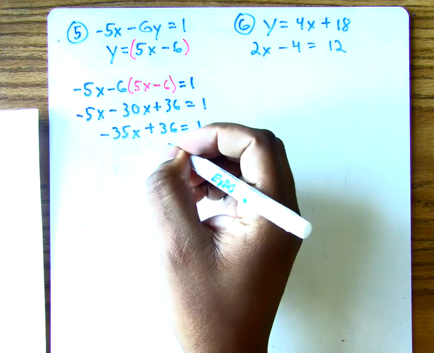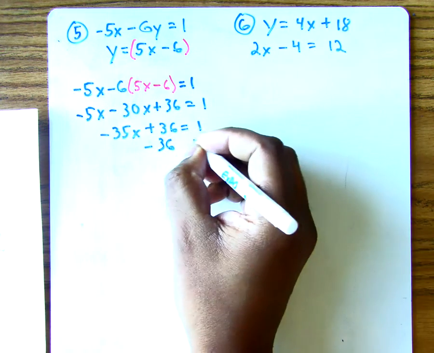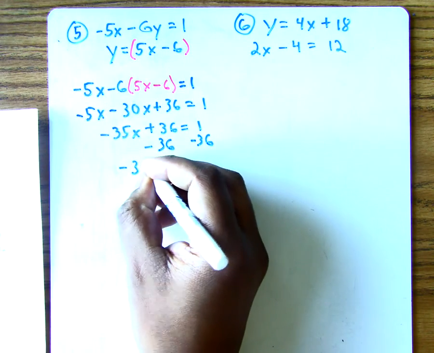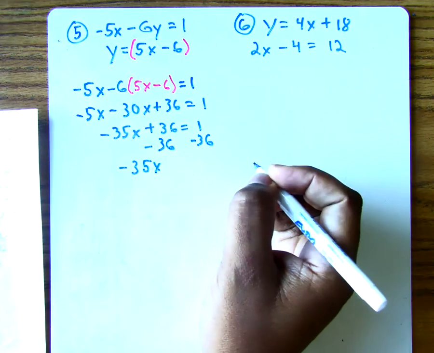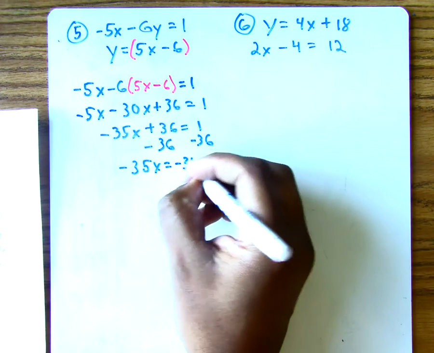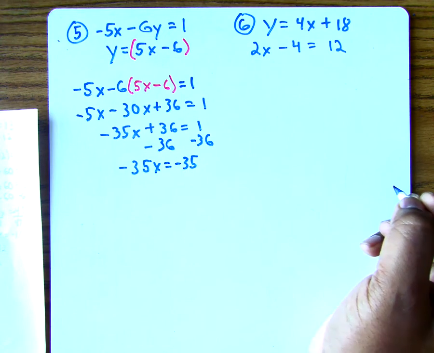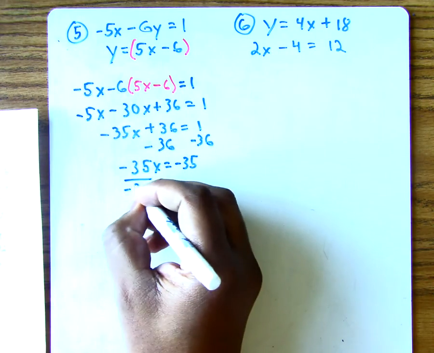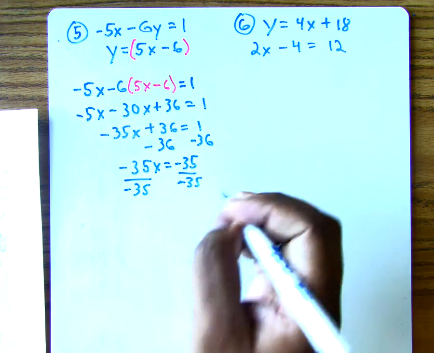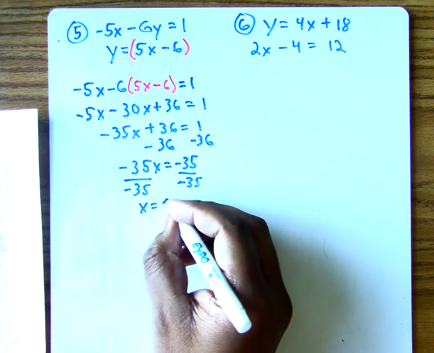Next we subtract 36 on both sides, and that gives us negative 35x is equal to negative 35. Now we divide by negative 35, and x will be equal to positive 1.